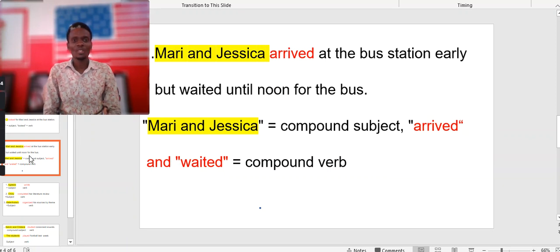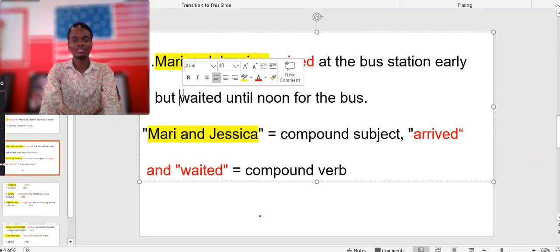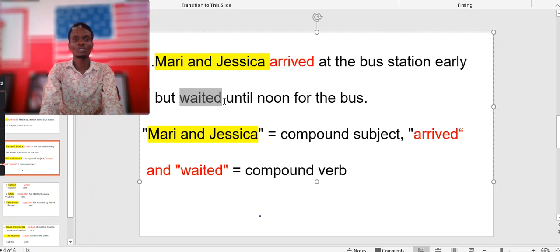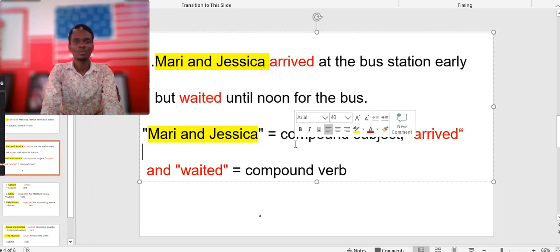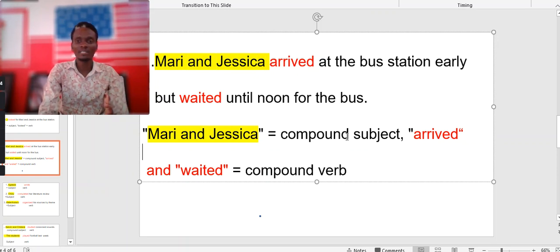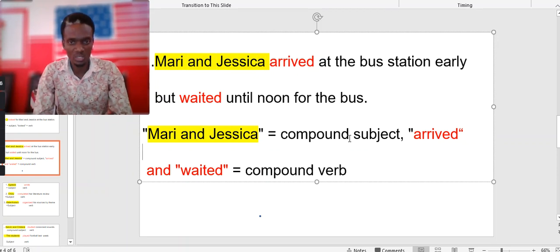Now, arrived and waited here in this sentence serve as a compound verb. Compound verb, arrived and waited. So Mary and Jessica is what? Compound subject. And arrived and waited is a compound verb.